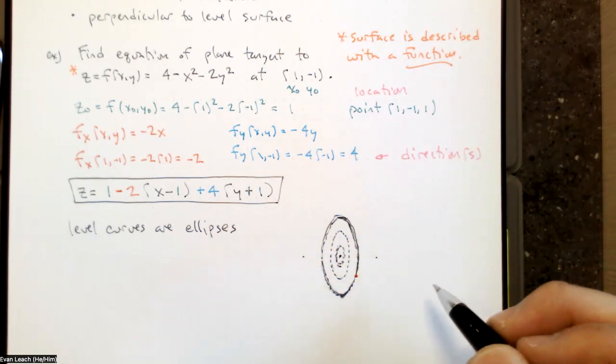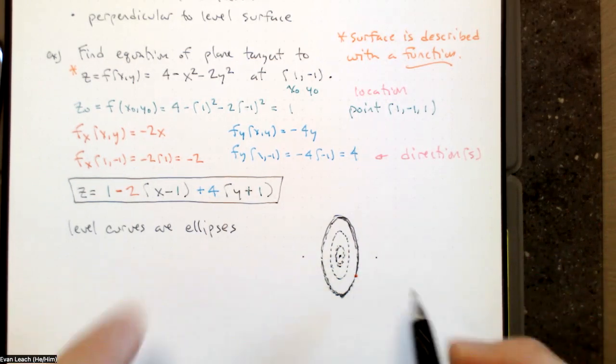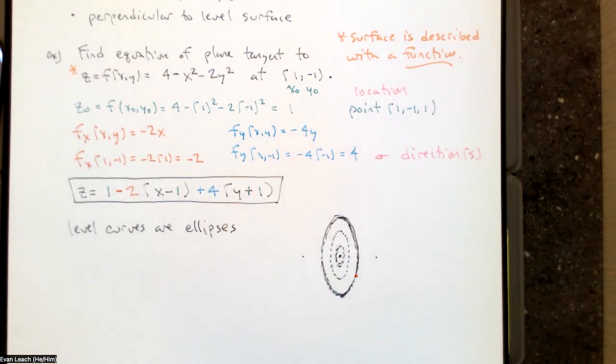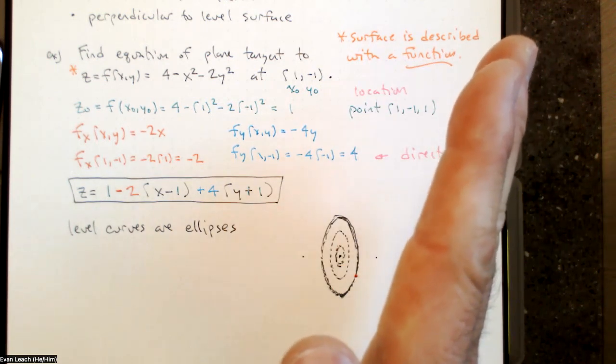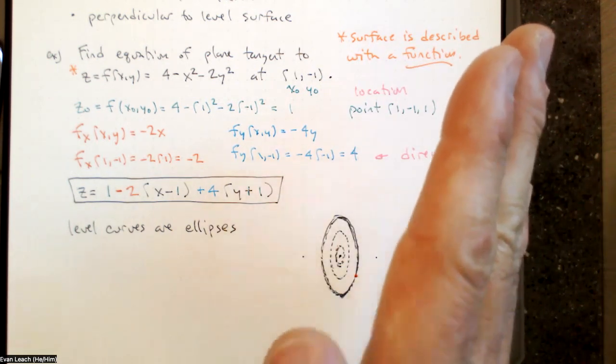So there at the origin is the top of the hill. Going further away, we're falling down the hill. So we can imagine if we want to draw a plane, here it's going to be tilted in the negative x direction and the positive y direction. It's going to be going up the hill this way.